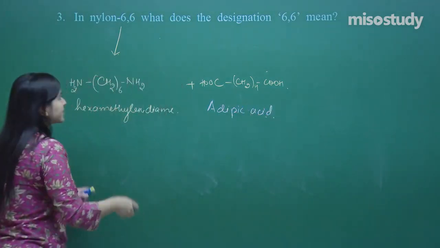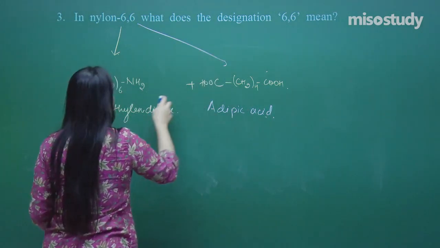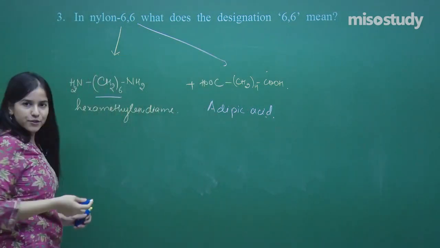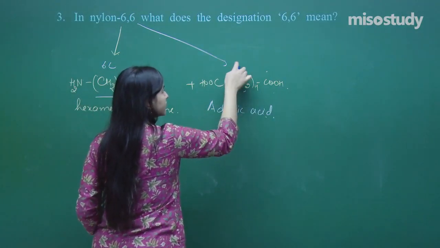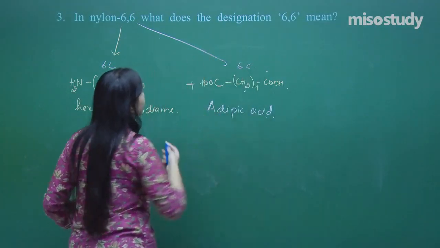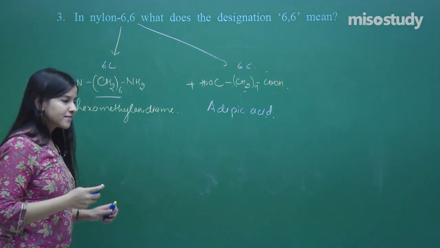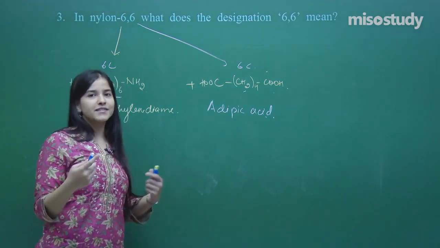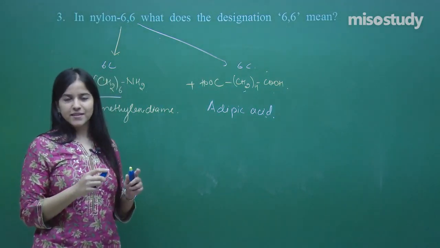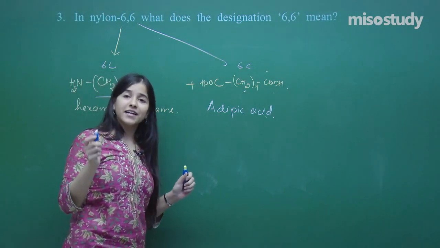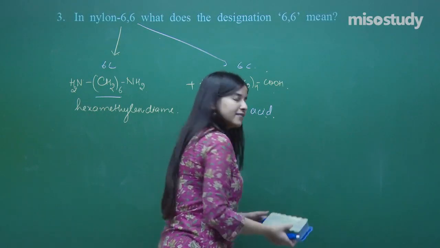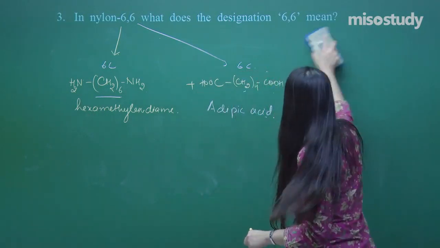It's the number of carbons, yes, and that is what the 6 denotes. See here, 6 carbons in total, 4 plus 2, and that is what nylon 6,6 denotes. And we already have done another example, nylon 6,10. So 10 stands for sebacic acid, having 10 carbon atoms. Clear? Let's move further then.